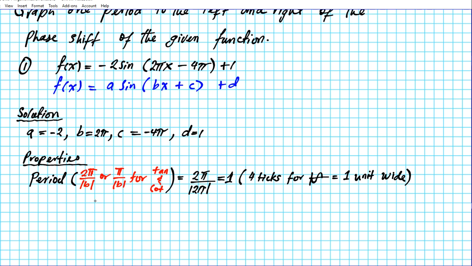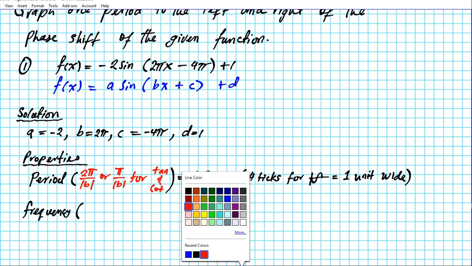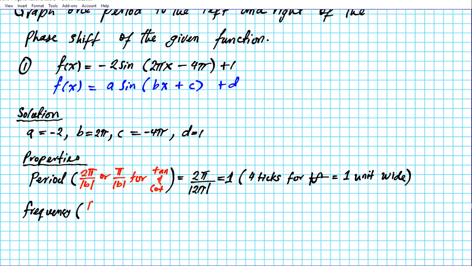Next thing we want to find is the frequency. The frequency is simply the reciprocal of the period. So the frequency is going to be the absolute value of b over 2 pi for your sine, cosine, secant, and cosecant functions, or the absolute value of b over pi for tan and cotangent.